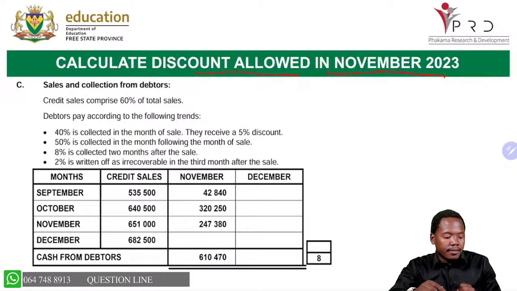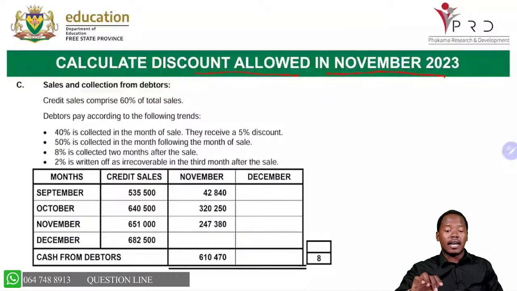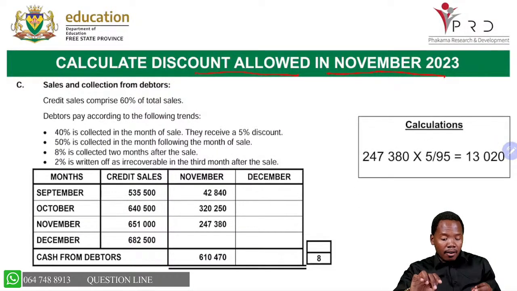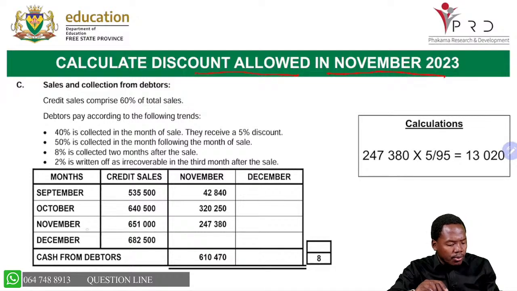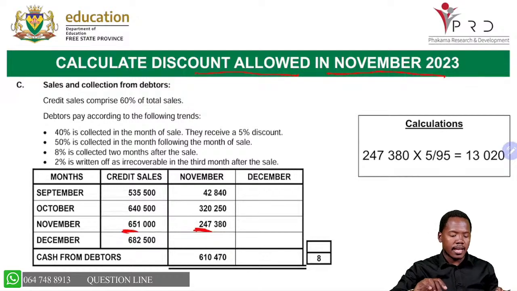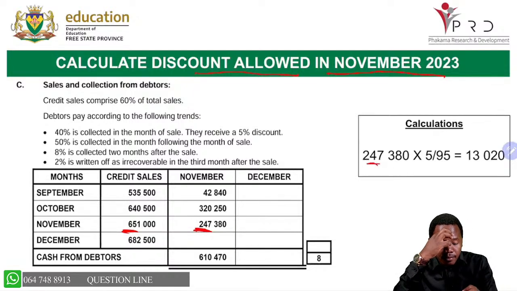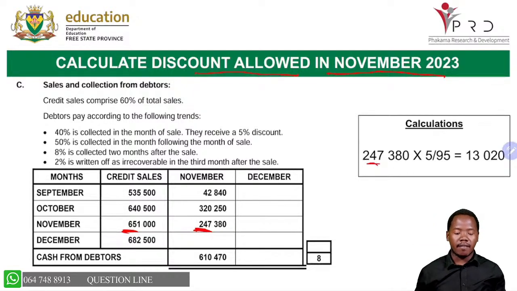in November. So we want to calculate the discount allowed in November. Now, how do we do this calculation now? We are going to look at November. Remember, November we sold for 651,000, and then the collection is already given to us. It is 247,380.